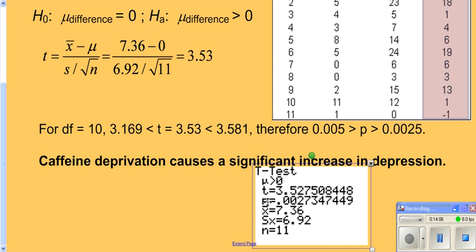And since your p-value is really small, we're going to reject our null hypothesis, that there is no difference in depression between when they have caffeine and don't. So therefore, we would be finding evidence that a lack of caffeine does increase our depression levels.